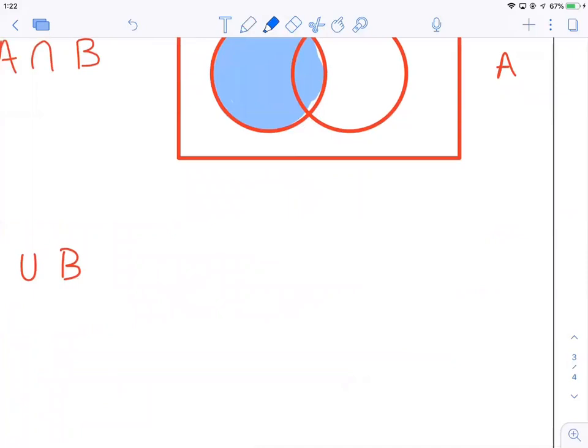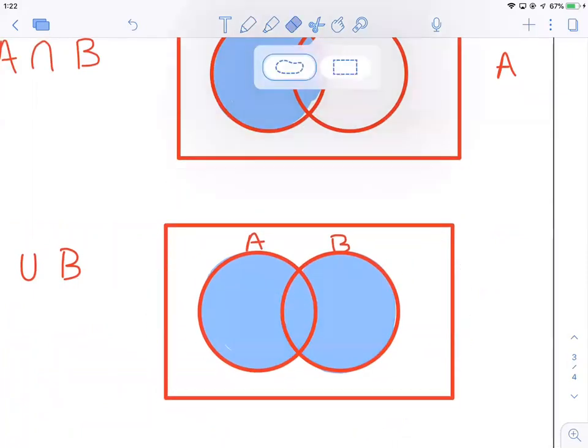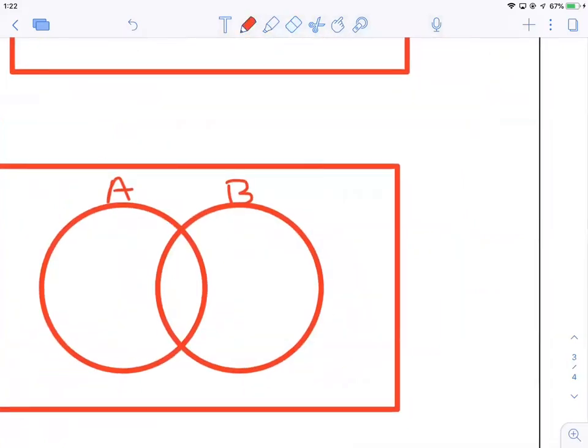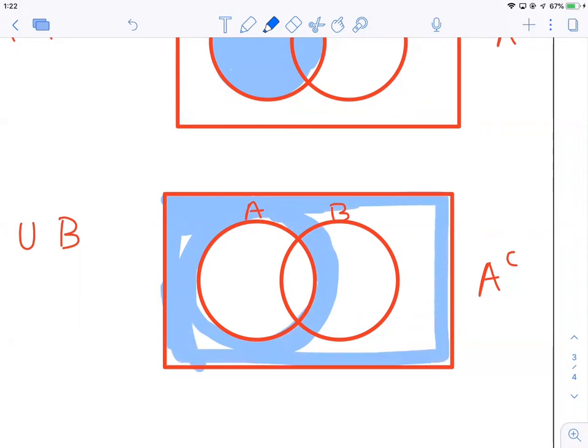What if I asked for the complement of A? Well, that would be everything but A colored in. So the complement of A would be, I wish there were a paint bucket tool on Notability, but hopefully you get what I'm trying to color in. That would be the complement of A.